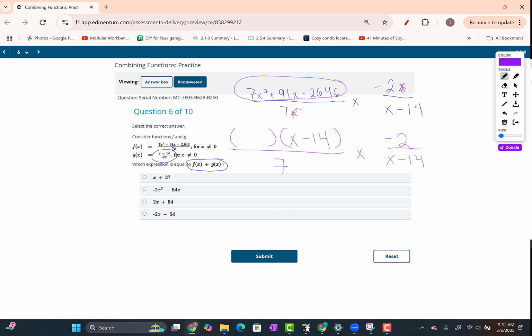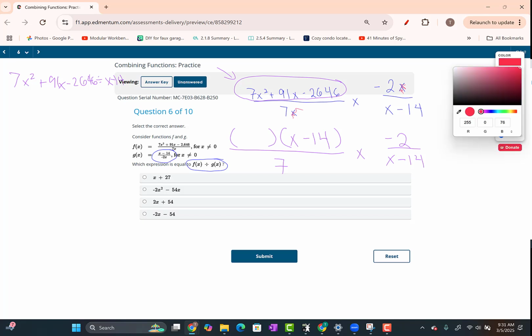So you can do this one of 2 ways. We could divide 7x squared plus 91x minus 2,646 by x minus 14. That would certainly work. The quicker way to me would just be to do this as a multiplication problem, because we know that something times x is going to give us 7x squared.